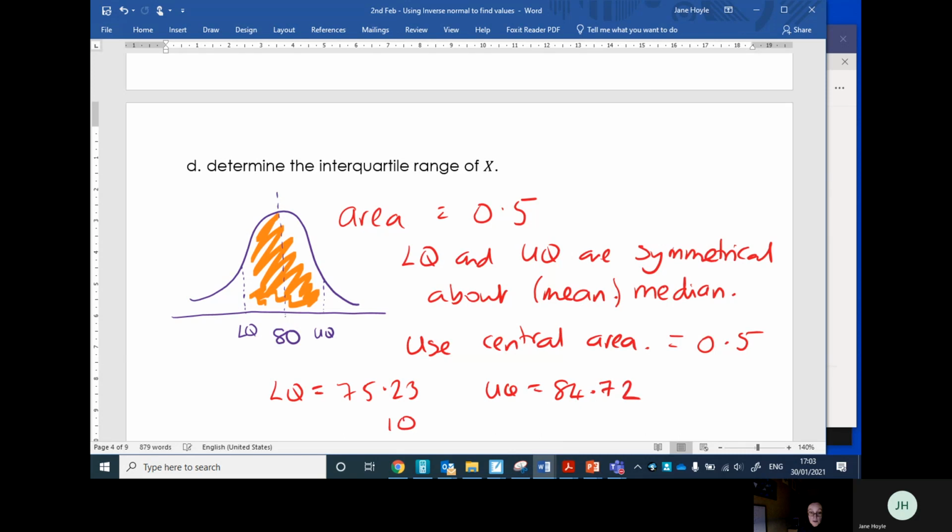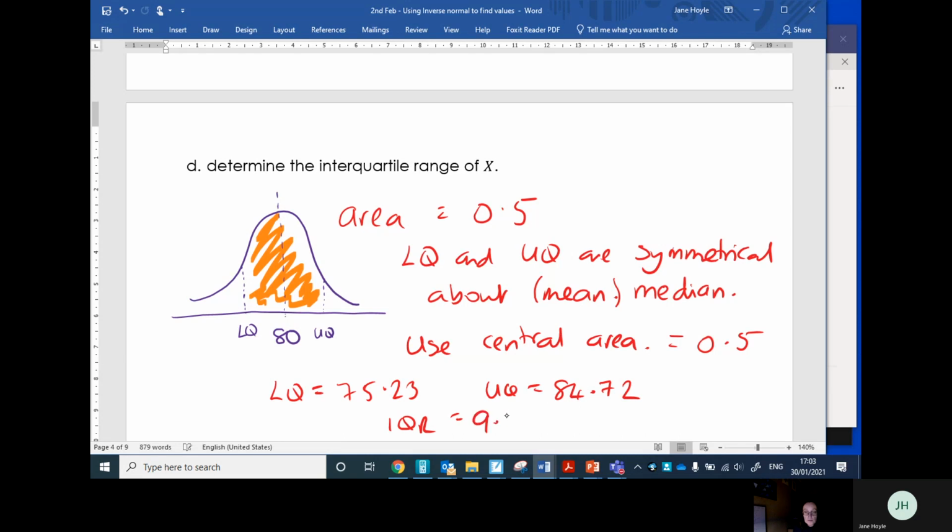So the interquartile range, I need to subtract those. 84.72 minus 75.23 is 9.49.